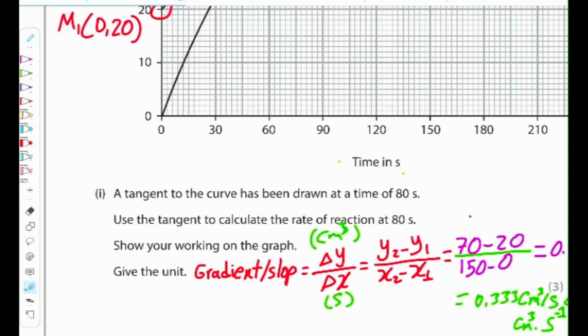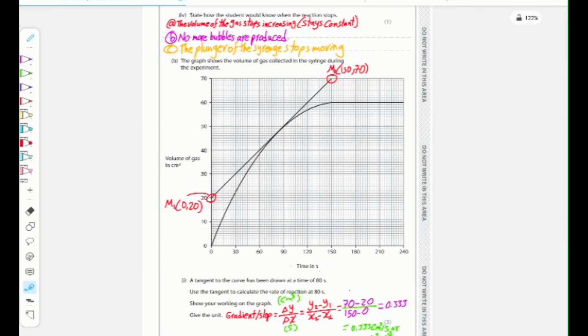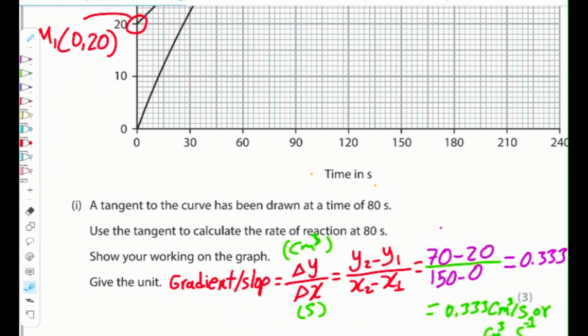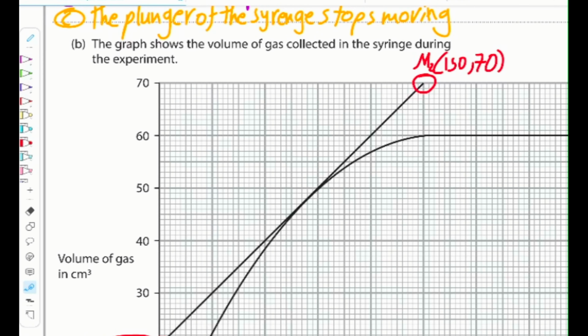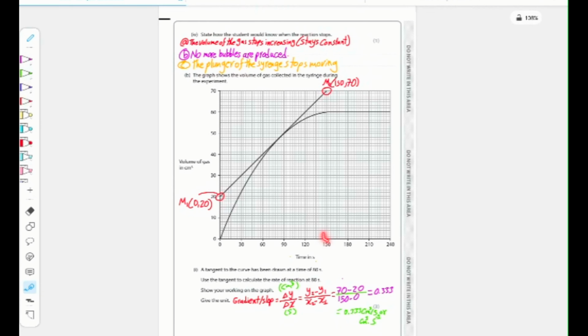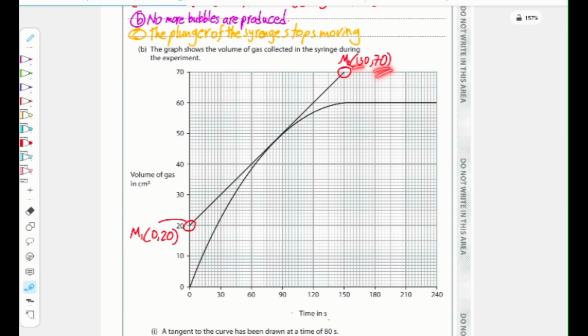I chose the first point at the beginning of the reaction, when the time is 0. This makes it easy for me because the x will be 0 here. And I found the second point at 150, so it is 150 and the volume is 70.